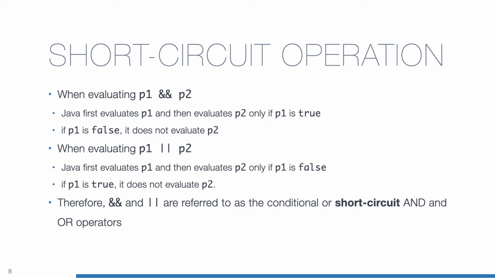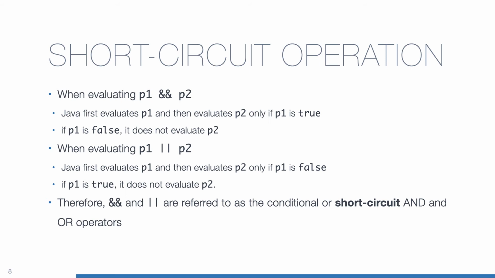So what does that mean? For P1 and P2, Java's first going to evaluate P1. It is not going to look at P2 if it doesn't need to. And what are the cases where it wouldn't need to?